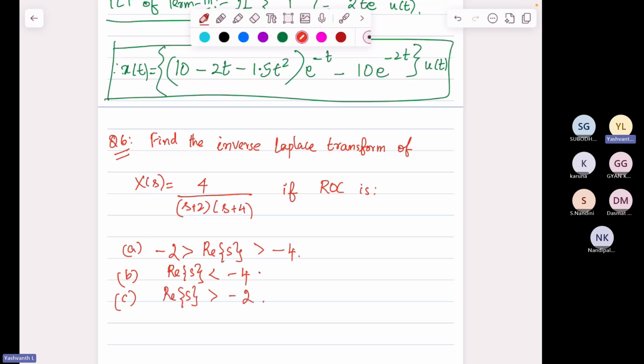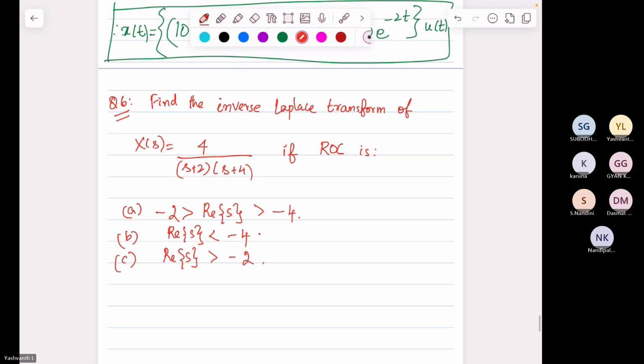So these are 3 different ROCs, and in each of these possibilities, you should find the inverse Laplace transform.